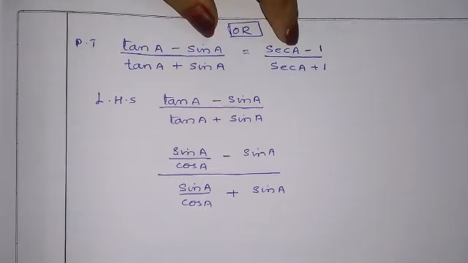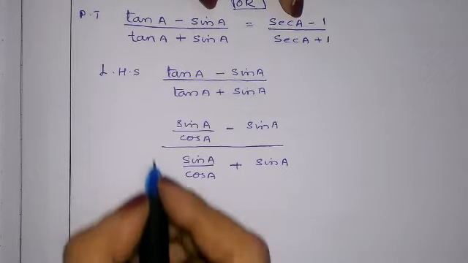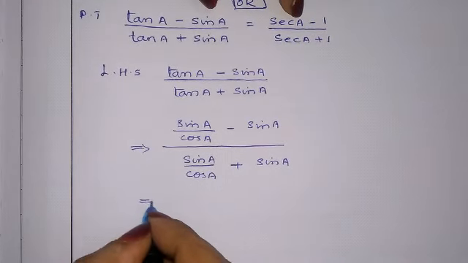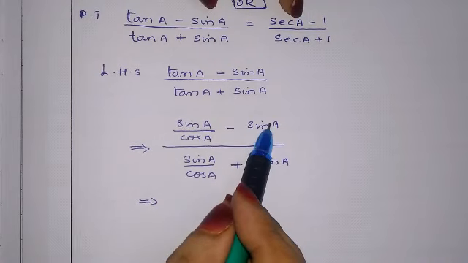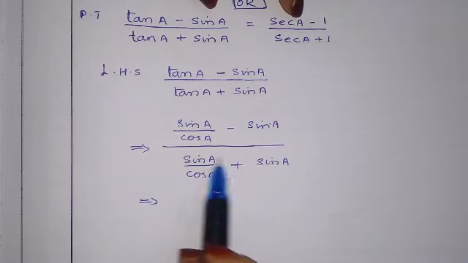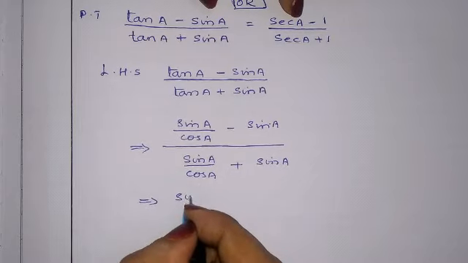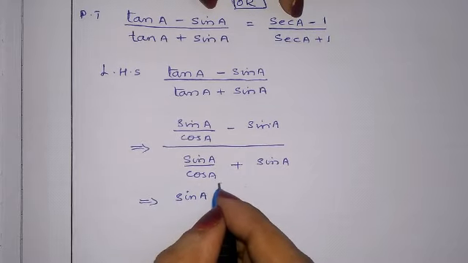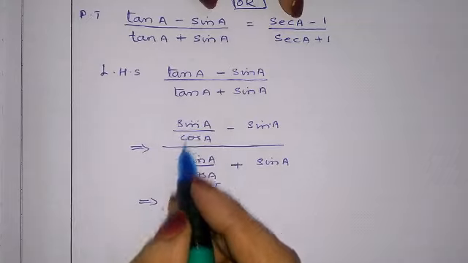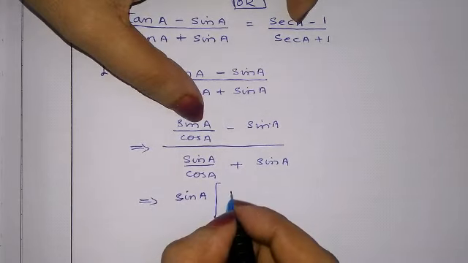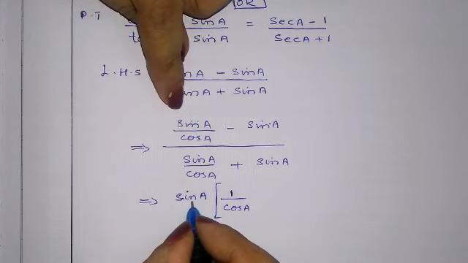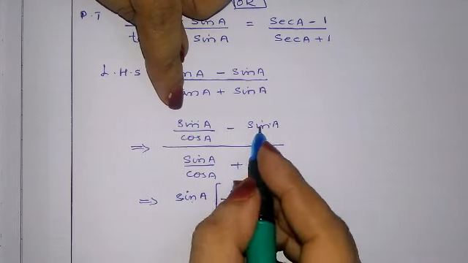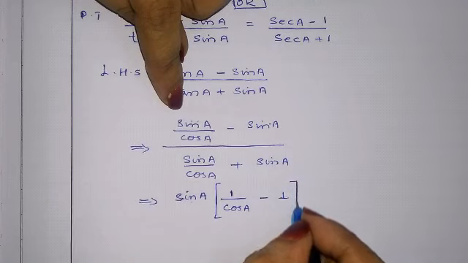Now our focus should be on proving. To prove, we'll take sin A common, in the numerator and also in the denominator. In the numerator I am taking sin A common. What do we get if I take sin A common? 1 upon cos A as it is. Sin A I have taken common, sin A gives 1.